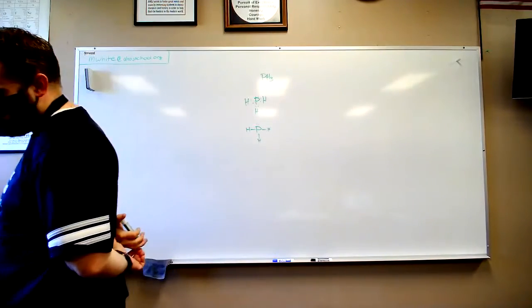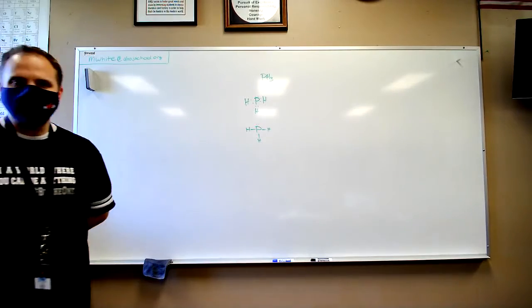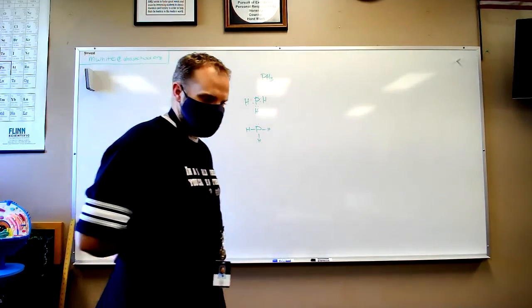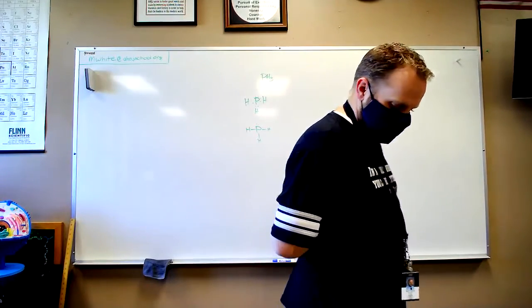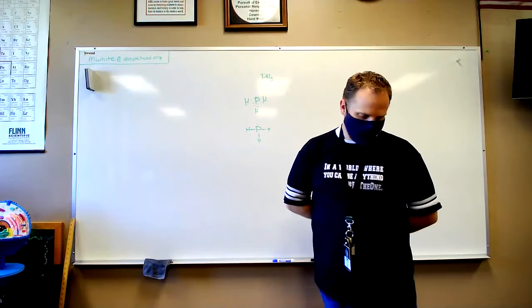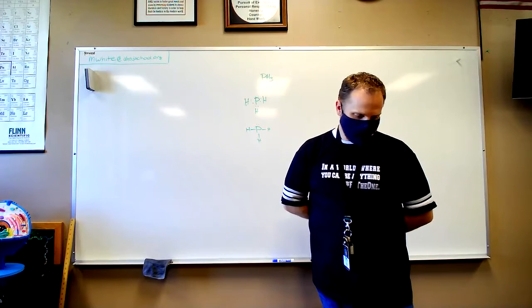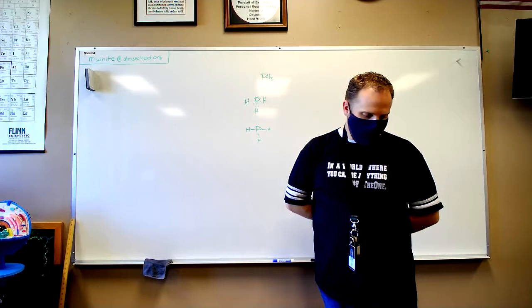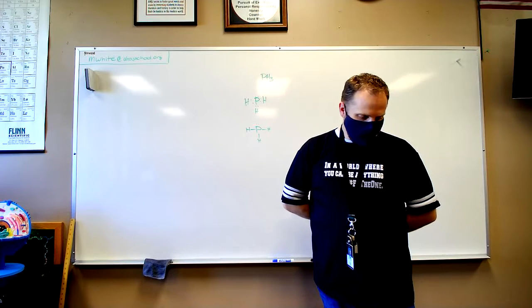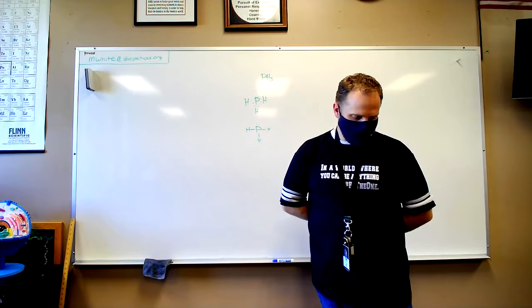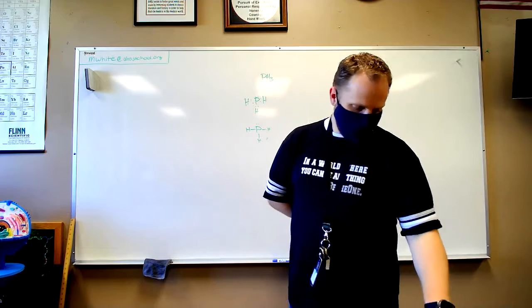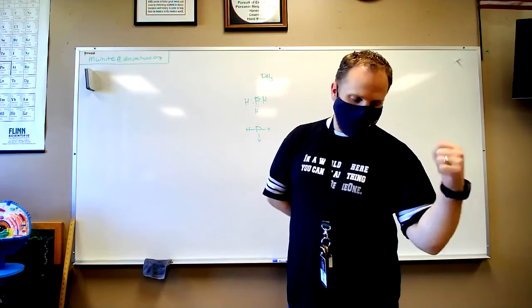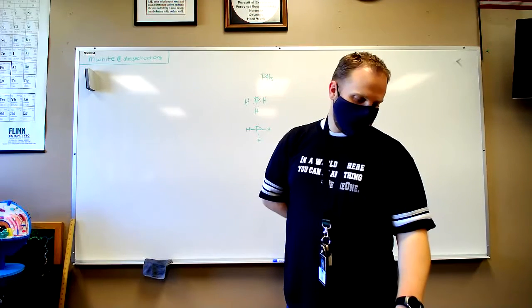Just putting a single bond around everything will not necessarily give you the correct amount of electrons for the octet rule. So make double and triple bonds. And then finally determine whether or not you need to have lone pairs of electrons.